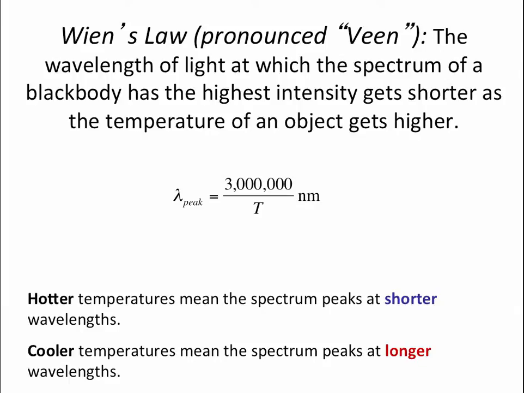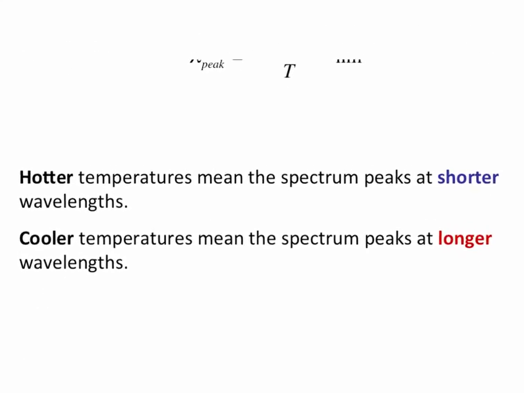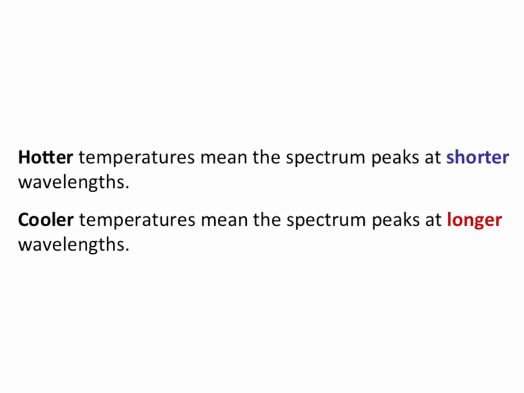Before we go on to talk about the Hertzsprung-Russell diagram, I want to remind you of a couple things we talked about a few chapters ago, and which several of you struggled with because it's a hard concept. And that dealt with blackbody radiation. The first thing we talked about was Wien's law. Forgetting about this equation, let's just focus on the bullet points at the bottom. If you have something that's glowing because it's hot, the hotter it is, the shorter the wavelength at which the spectrum will peak.